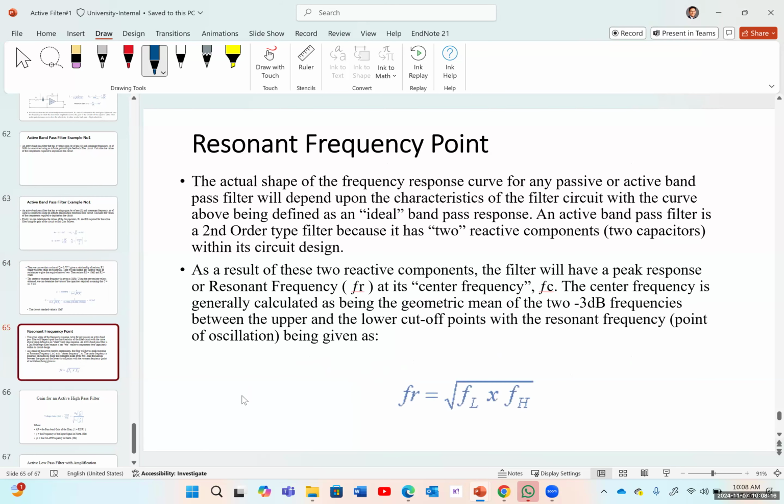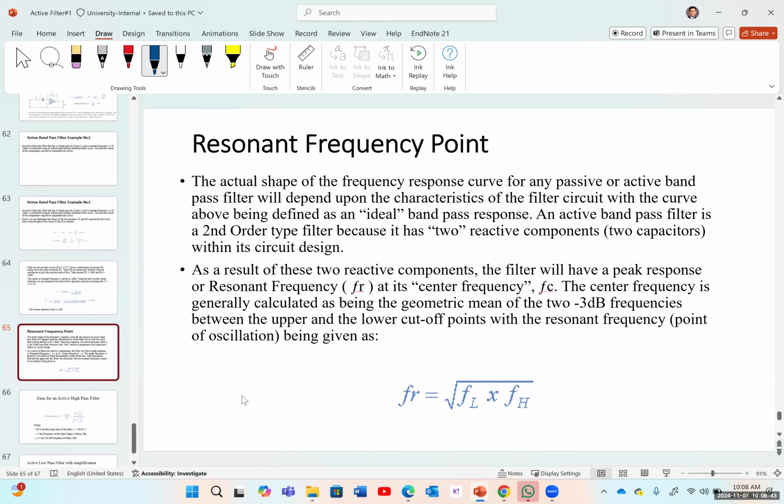Okay. So resonant frequency point, the actual shape of the frequency response curve for any passive or active bandpass filter will depend upon the characteristics of the filter circuit, with the curve above being defined as an ideal bandpass response. An active bandpass filter is a second order type filter because it has two reactive components or two capacitors within the circuit.